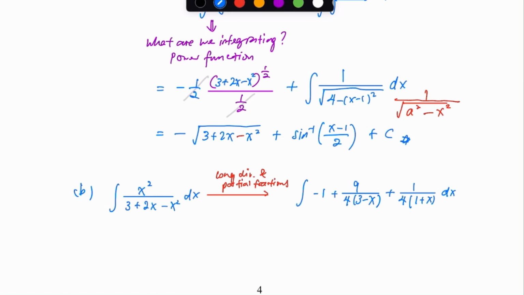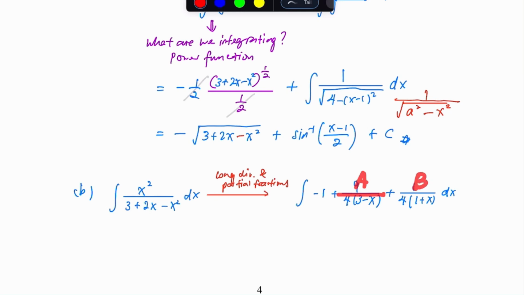This one is A math, so I let you do it, but you do it fast. If you can do the cover up rule, please do the cover up rule. Use your hand to cover and hopefully everything will go. Not kidding. For example, you need to factorize this to 3 minus x and 1 plus x, correct? So you will get something like A over this and B over this, right?